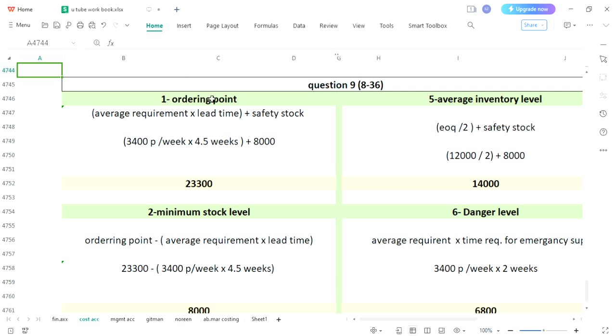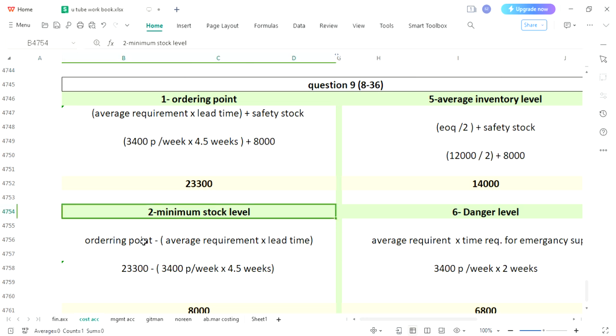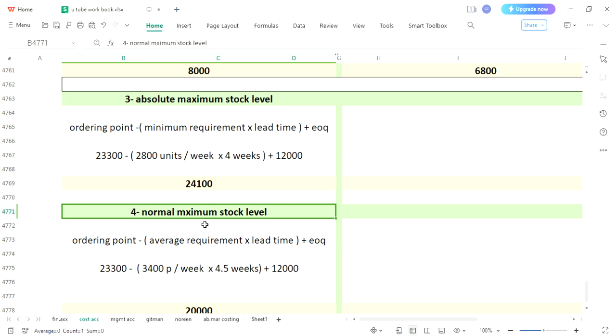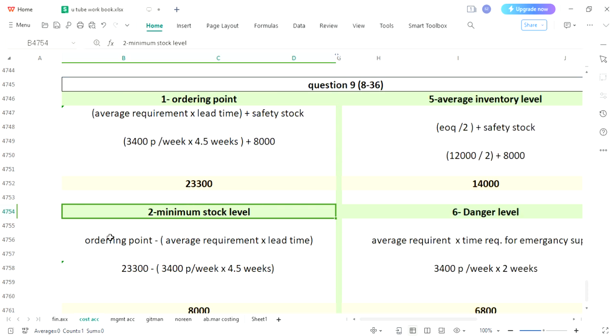That's all for ordering point. But in presence of safety stock, you have changed the formula with which everything has been changed. You can see minimum stock when we have calculated, ordering point was used, and then you have calculated absolute maximum, ordering point used, normal maximum, ordering point used. So in this way, this was the key point.